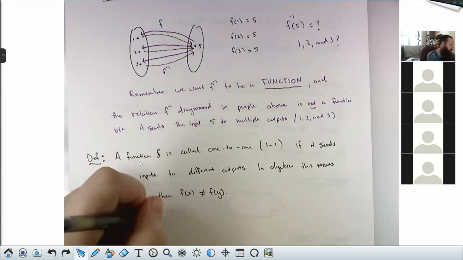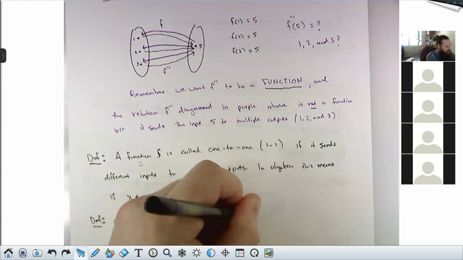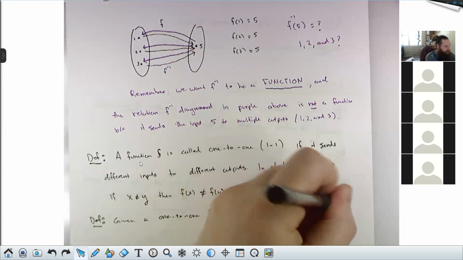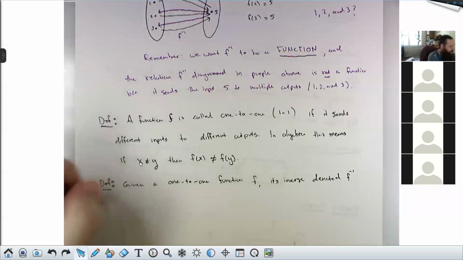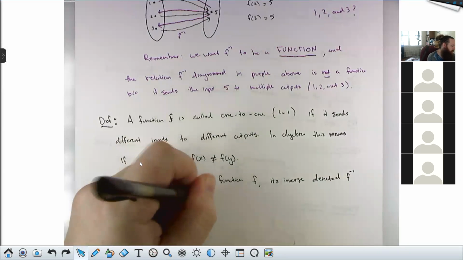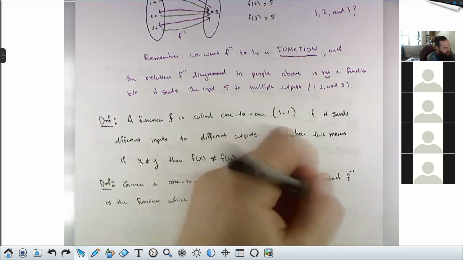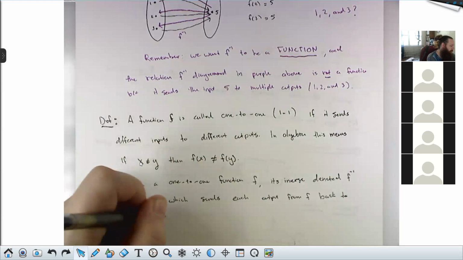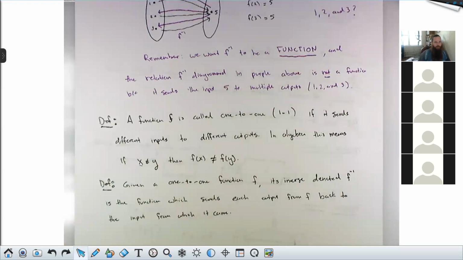Given a 1-to-1 function, f, its inverse, denoted f with a -1 up here, which again is not a power, it's just the notation we use for an inverse, is the function which sends each output from f back to the input from which it came.